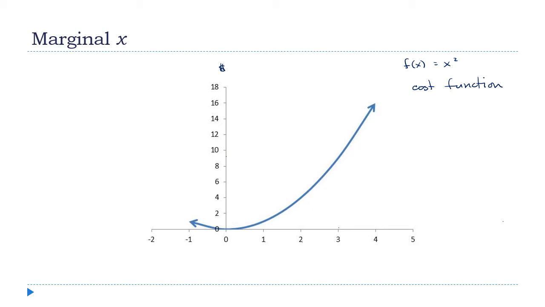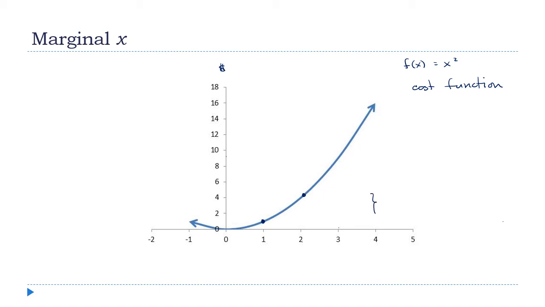So let's say we're here at 1, and I want to know the amount that the y changes going from 1 to 2. Okay, so that's going to be this distance here.